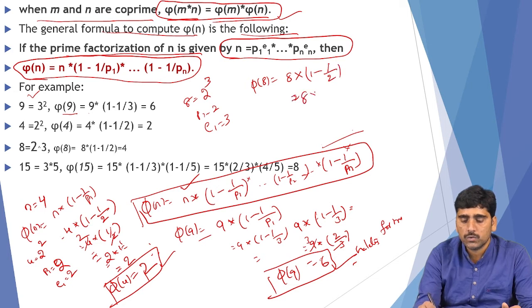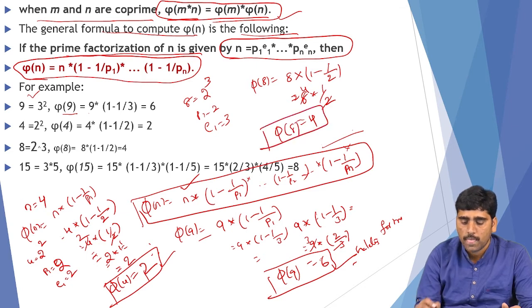So 8 into 1 minus 1 by 2, which is 1 by 2. 2 times 4 is 8, so 4 into 1 is 4. So phi of 8 equals 4. So phi of 9 equals 6, phi of 4 equals 2, phi of 8 equals 4.